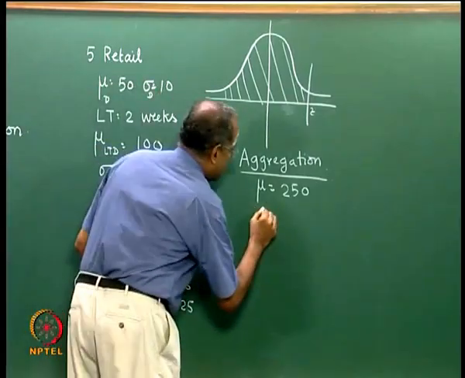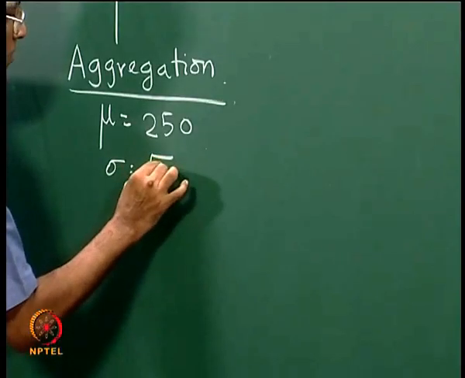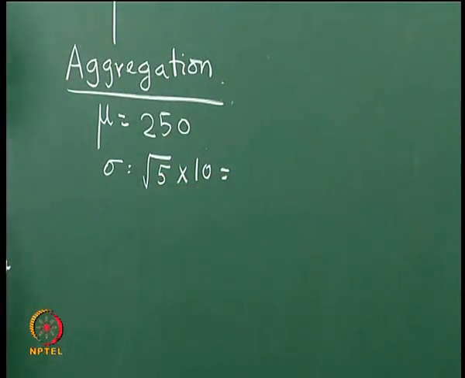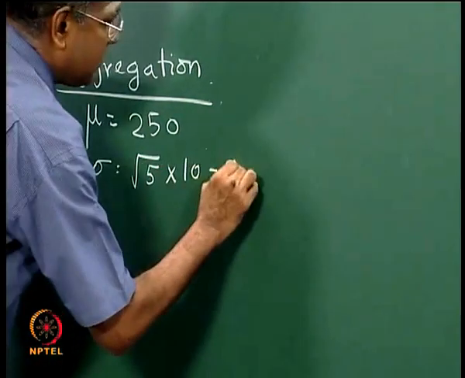Sigma will be root 5 into 10, which is 22.36.